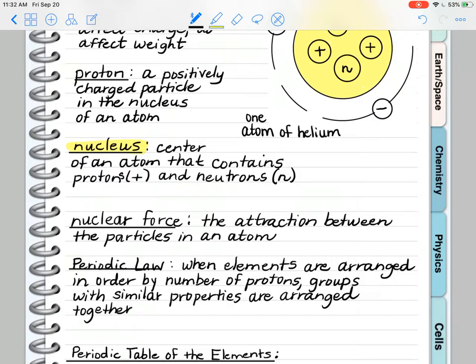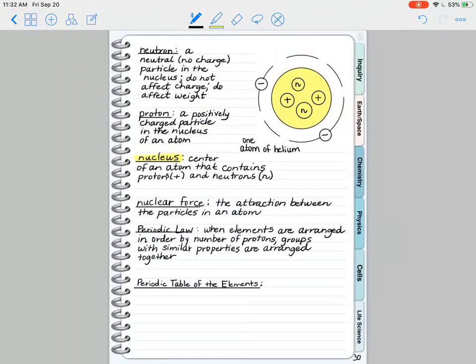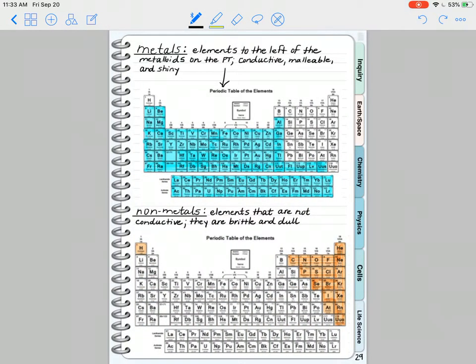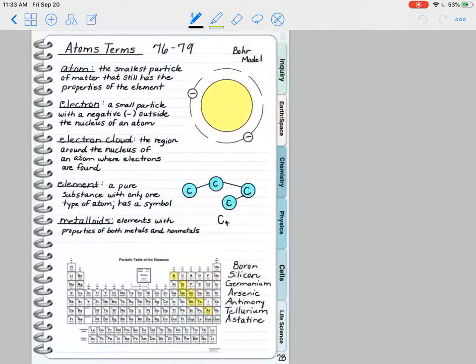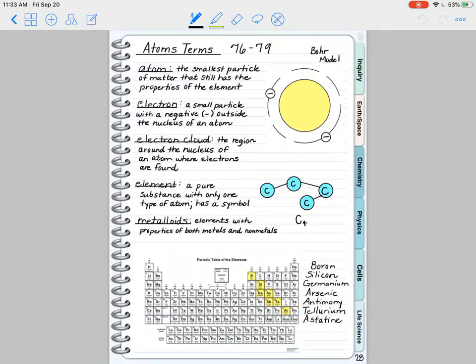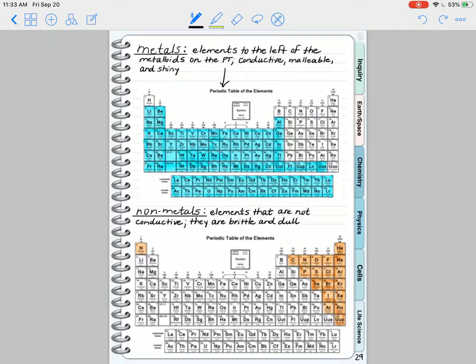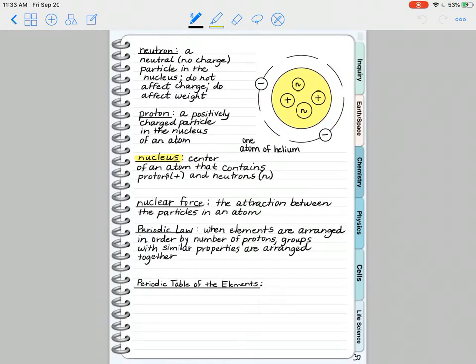Okay. For example, all the metals are together, all the non-metals are together, all the metalloids are together, because they're arranged by groups of protons, numbers of protons.